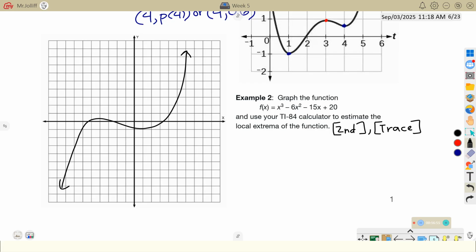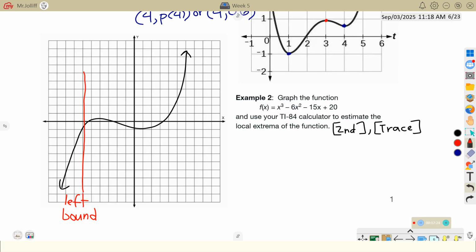So Vicky's cursor is on the curve and it's blinking and it's asking left bound question mark. And what you need to do is move the cursor to the left until that left boundary is sitting on the left side of where you think your maximum is.